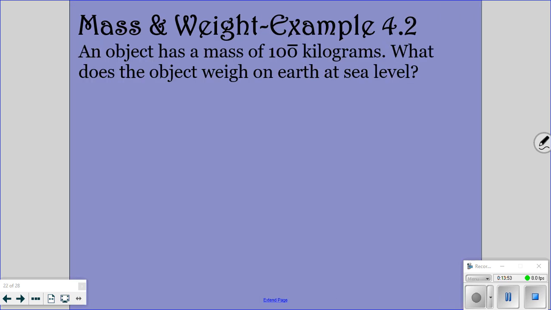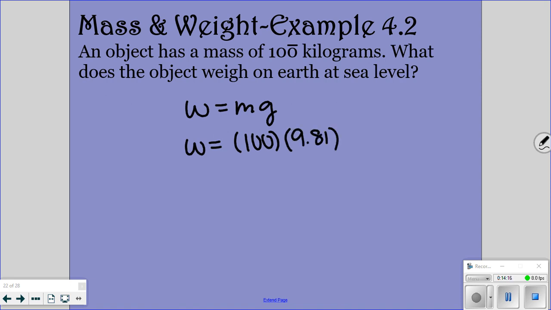So let's look here. An object has a mass of 100 kilograms. What does the object weigh on Earth at sea level? So we're going to use this formula. Weight equals mass times gravity. So we're looking for the weight. How much does the object weigh? The mass is 100, and our gravity number is 9.81.